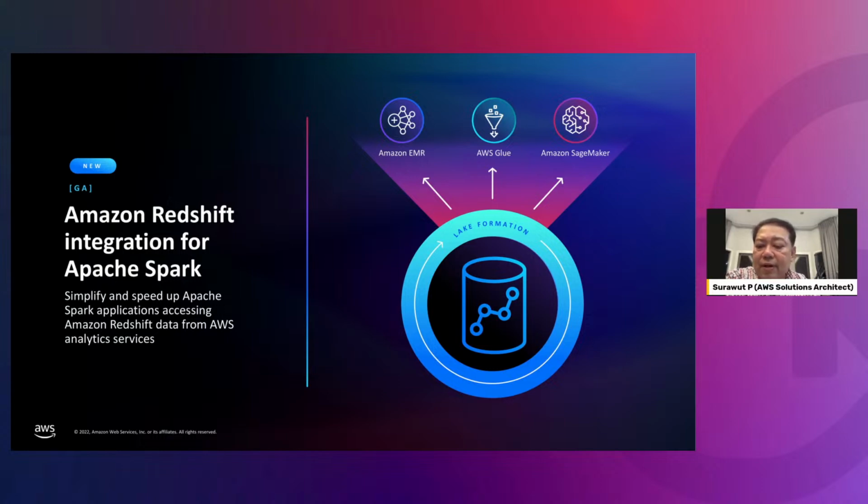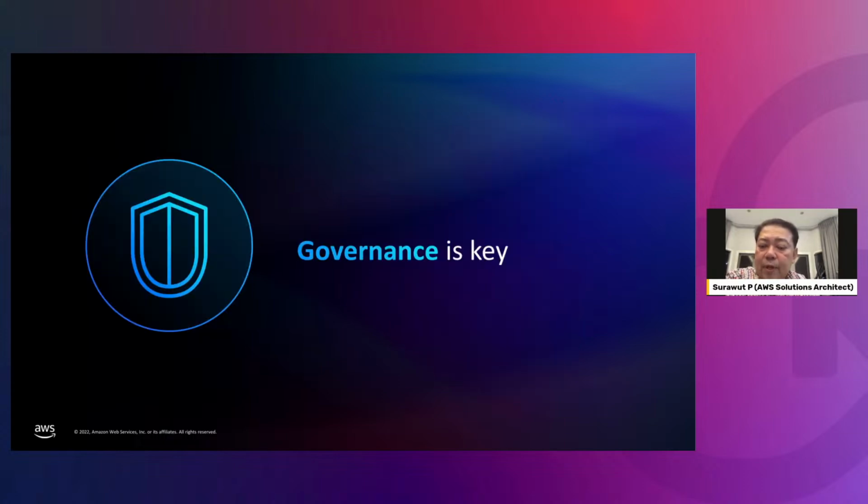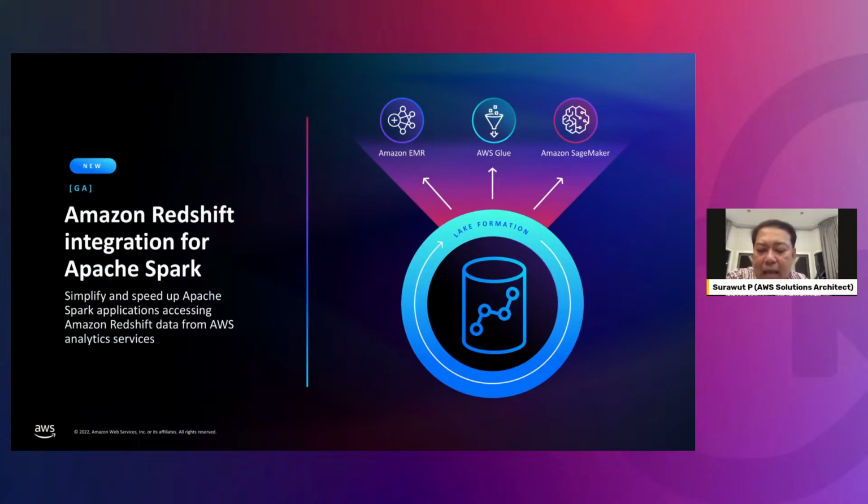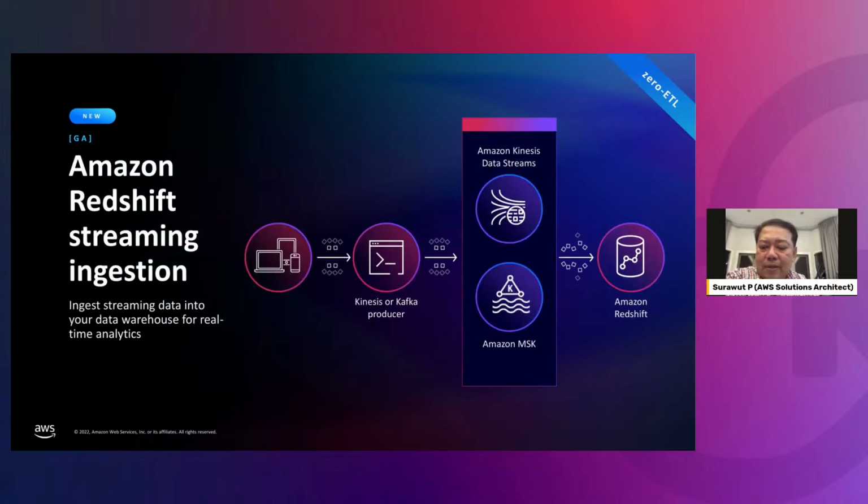So when you have a stream, no matter if it comes from Kafka or Kinesis, you just point that streaming into Redshift ingestion. We can do the ETL, we can do SQL based on that data and put it into the Amazon Redshift data warehouse.